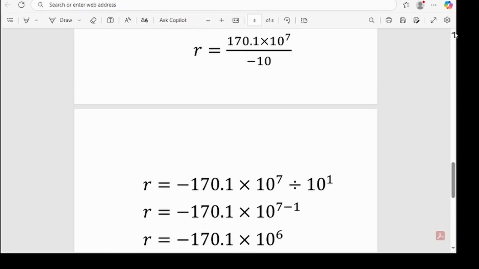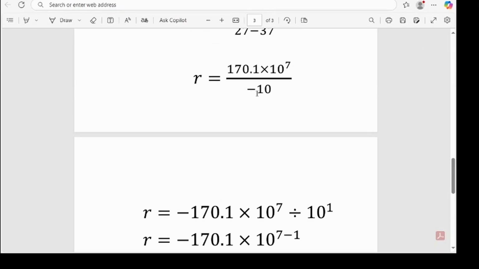So as I said earlier on, this negative affects the entire fraction, okay? And this 10 stands on its own. In standard form, whenever a base is standing on its own, it's equal to 1, right? So it explains why 10 here is raised to the power 1, okay? And in standard form, there are rules to it, right?